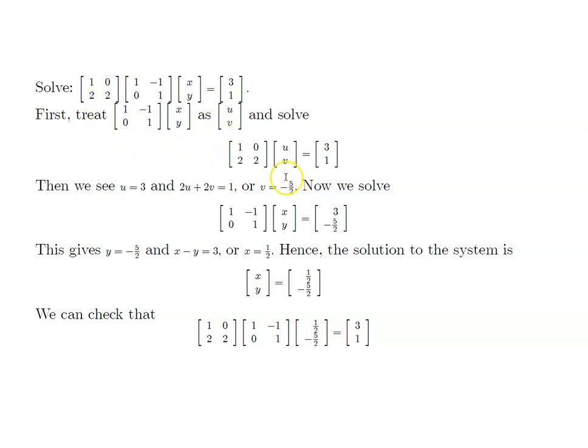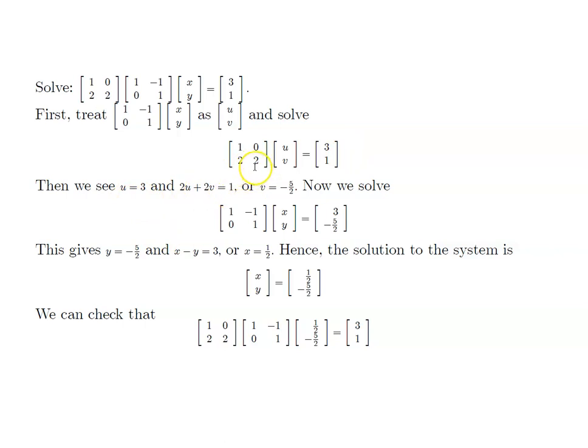In that case, we would have the matrix [[1,0],[2,2]] times the vector [u,v] equals [3,1]. Now we've got this in a form where we can already solve the system, because the first row gives us the equation 1u plus 0v equals 3. So that tells us that u equals 3.